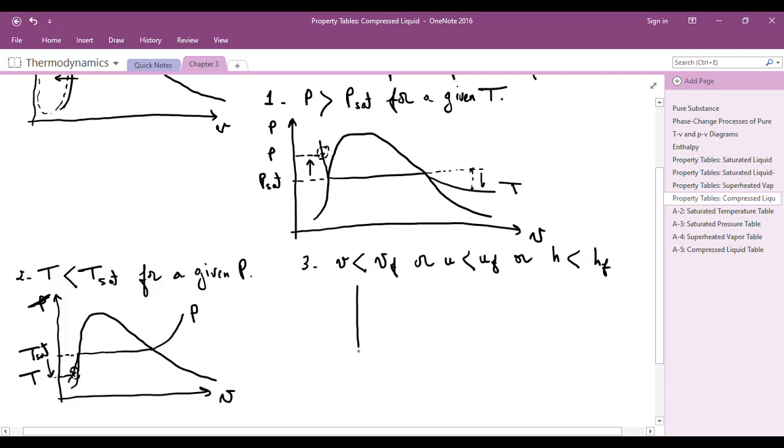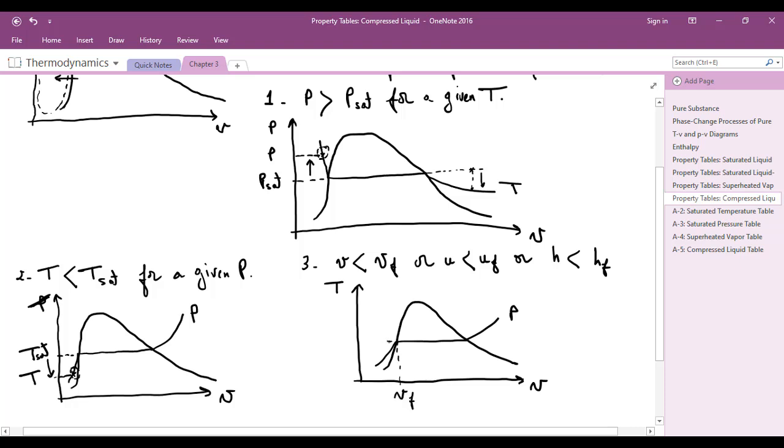So also, this is the TV diagram, and this is the constant pressure curve, and this is Vf.